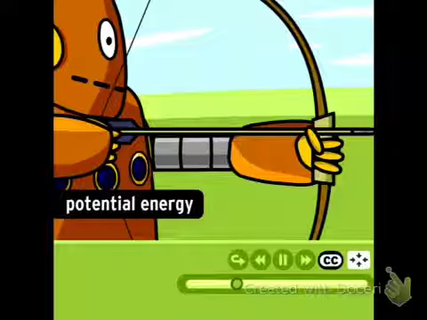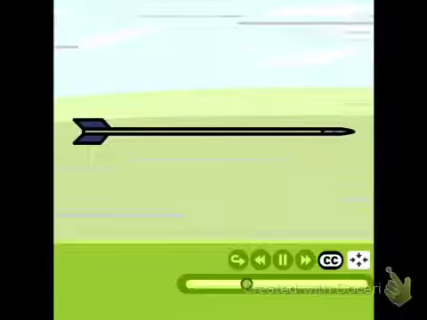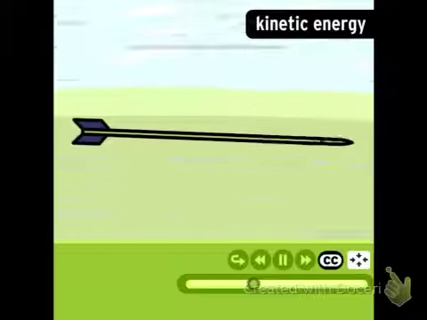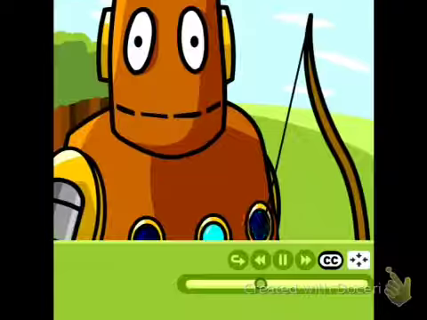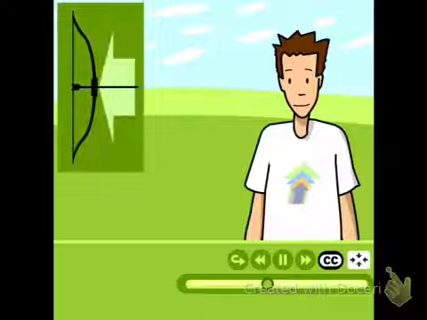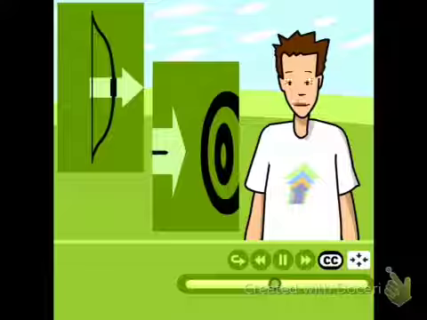We know that as soon as Moby releases the bow, that stored energy will be released as motion. The potential energy will transfer to the arrow. The arrow moving through the air has kinetic energy. That's the energy of motion. Not bad, you hit the target this time. Well, the bow does work on the arrow when you release it, and the arrow does work on the target when it hits.